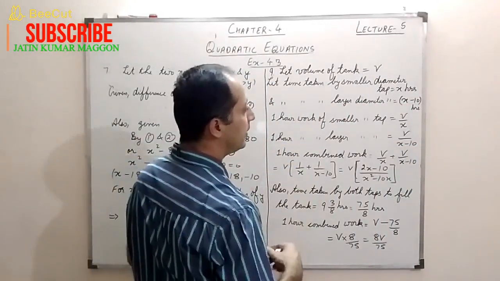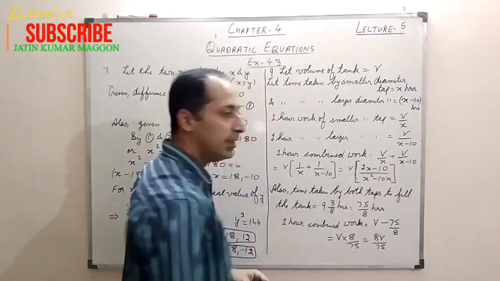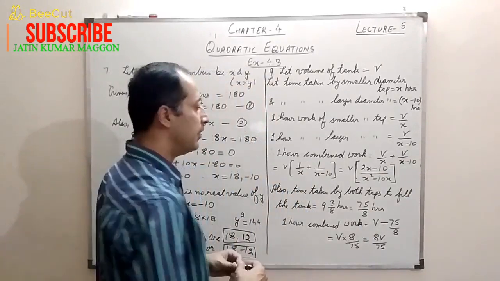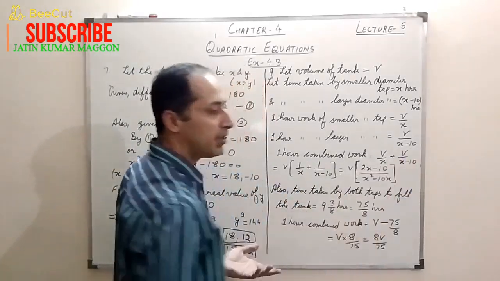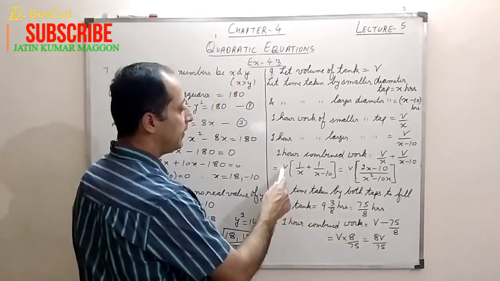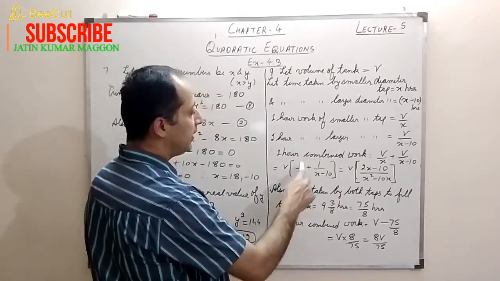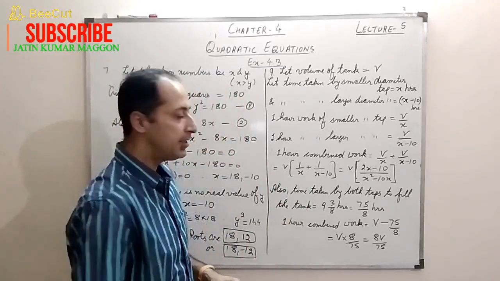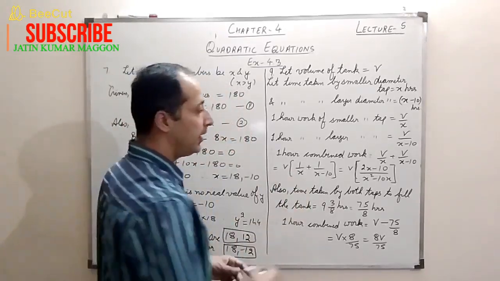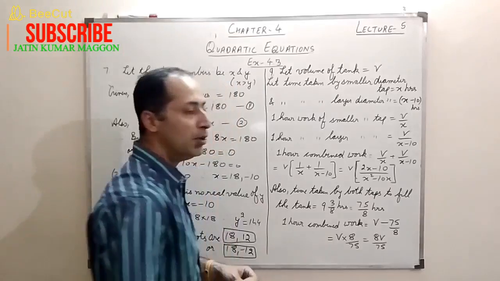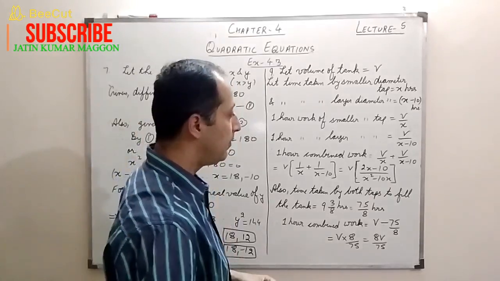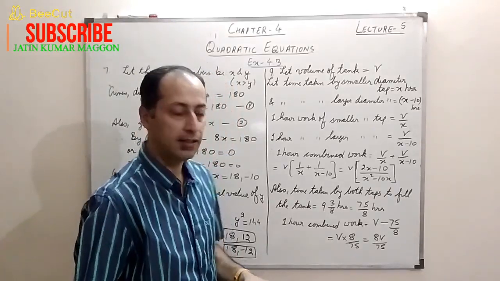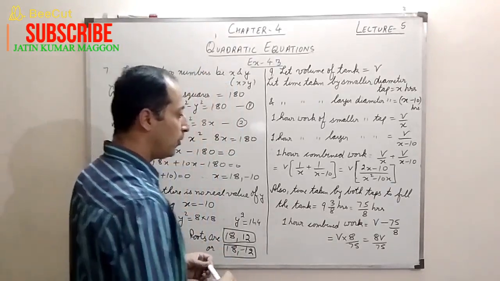So 1 hour combined work is V by x plus V upon x minus 10. Now, how to simplify? Obviously, we take the LCM, but before that, we take V as common. So V common, inside the bracket we have 1 upon x plus 1 upon x minus 10. And when we simplify by taking the LCM, we get V into 2x minus 10 upon x square minus 10x, right?